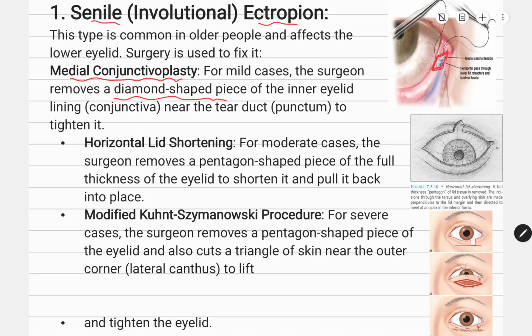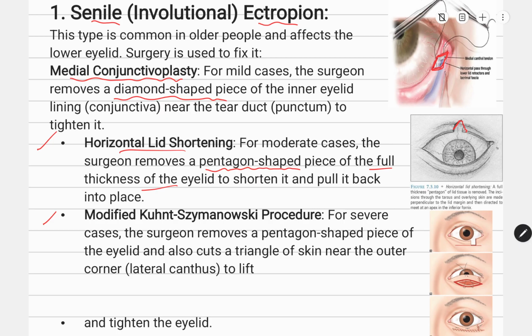This medial conjunctivoplasty is further divided into two. First one is horizontal. In this case, the surgeon removes a pentagon shaped piece like this one, okay, with the full thickness of the eyelid and shortens it. So simply the surgeon removes the pentagon shape and then fixes it, and the eyelid will move a little bit inward.